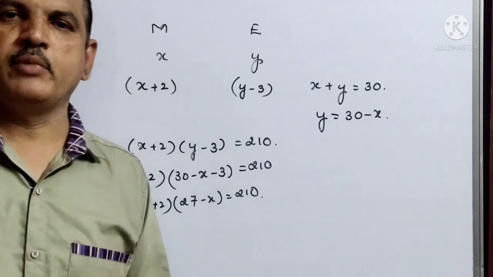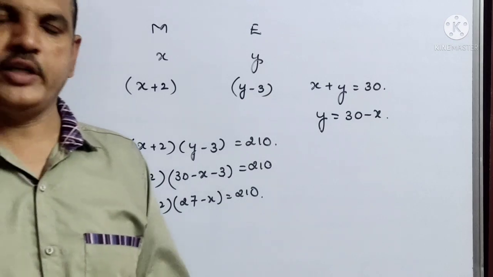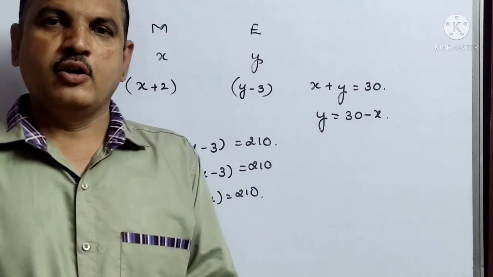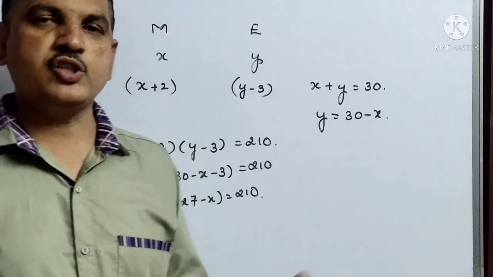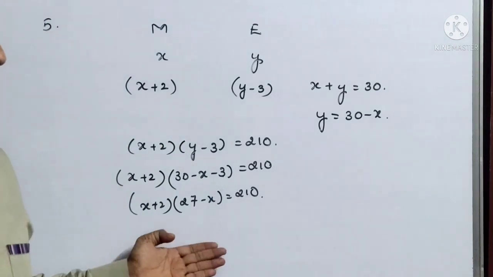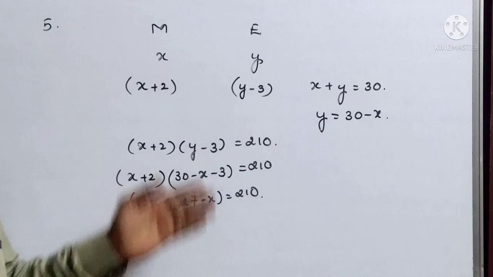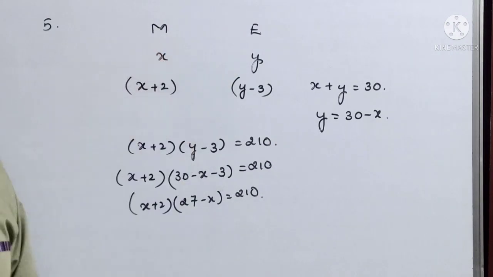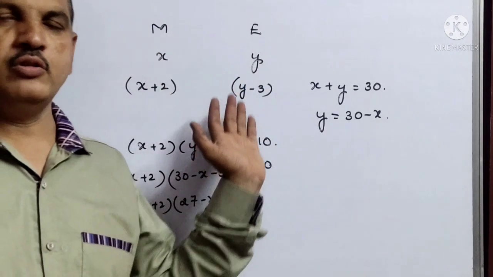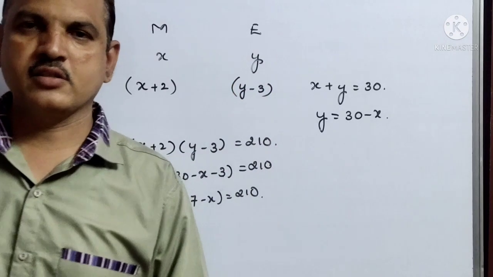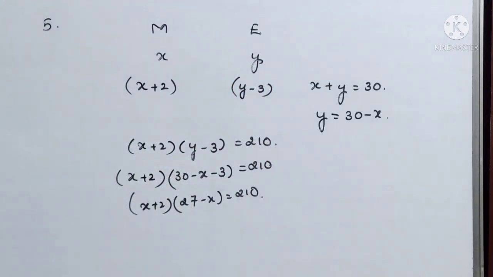From that, by applying the quadratic formula, we can solve for x and y also. First we will get the value of x, and from the x value you can find the y value very easily. Then you are going to get the maths marks and English marks. Now I am going to do the working part of this sum.